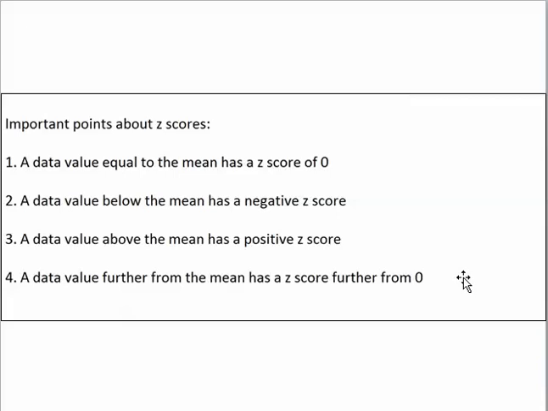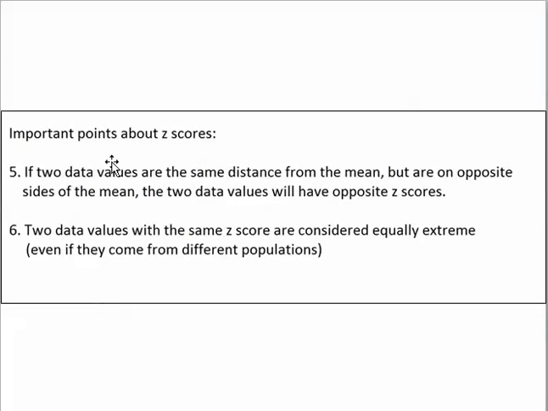So, a data value with a z-score of 7.2 is more extreme than a data value with a z-score of 2.4. Also, if two data values are the same distance from the mean, but are on opposite sides of the mean, the two data values have opposite z-scores.